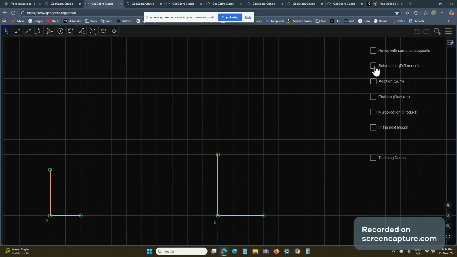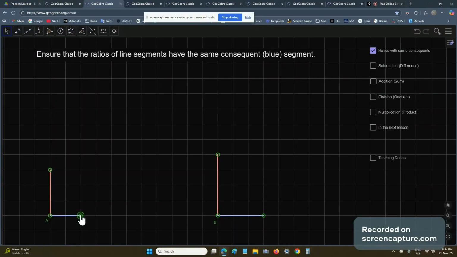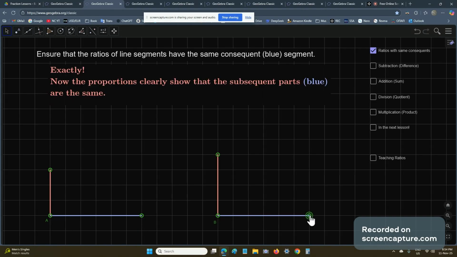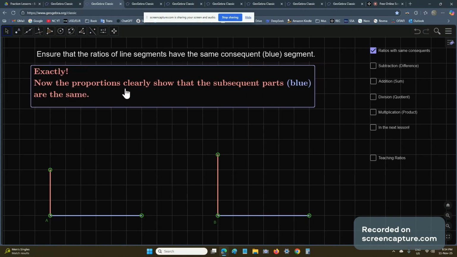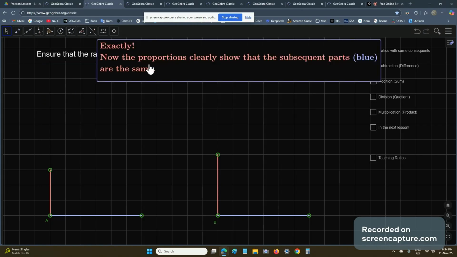Okay, and so when you do that, you have to apply something from the previous lesson, right? And the previous lesson tells you that you can only work with these if they have the same consequent. So you'd do something like this, something like that, and wow, now the proportions are the same, okay?